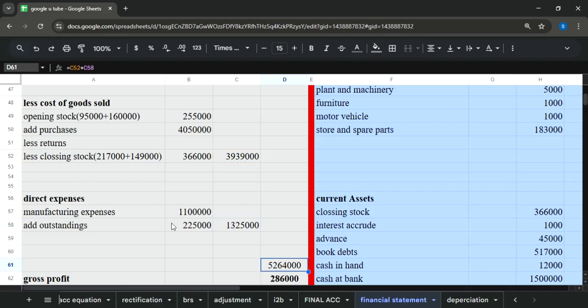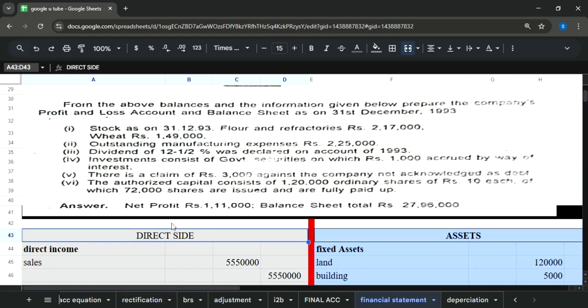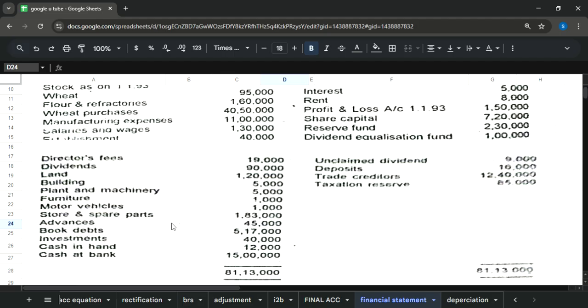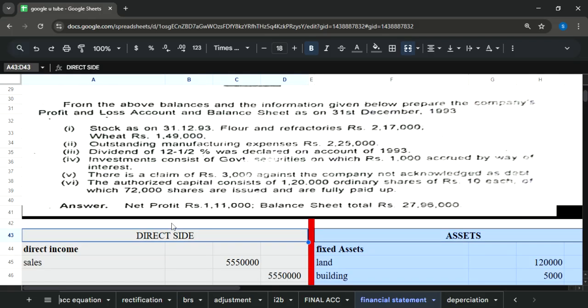Total amount is 52 lakh 64,000, and 55 lakh. I think some amounts will have to be seen again to confirm it. Advances, booked. Okay, in this way we have completed our calculations for the trading account.